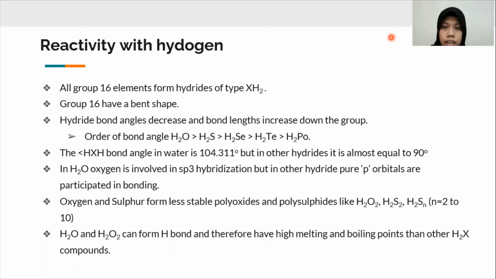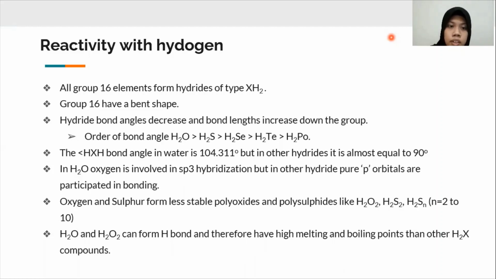The order of the bond angle is H2O larger than H2S, larger than H2Se, larger than H2Te, larger than H2Po. So in conclusion, the bond angle of H2O is the largest, while H2Po is the smallest.